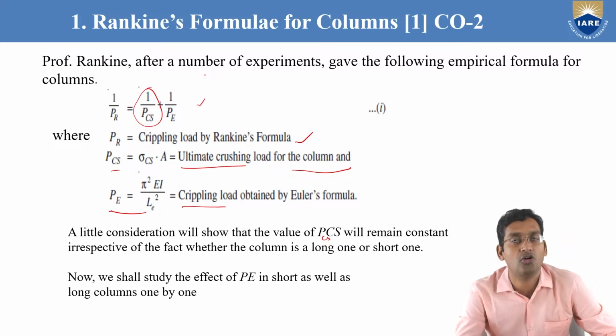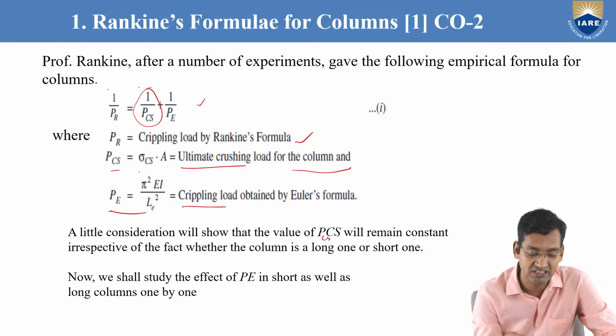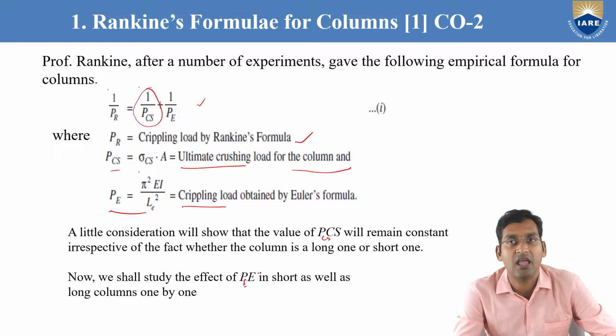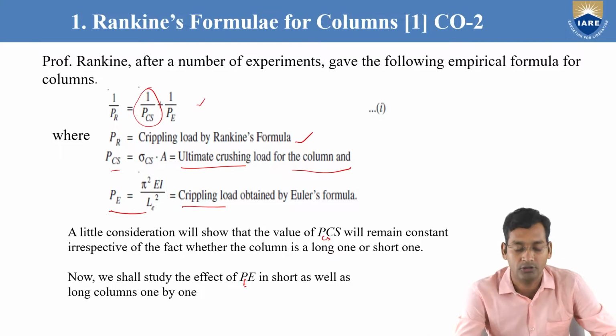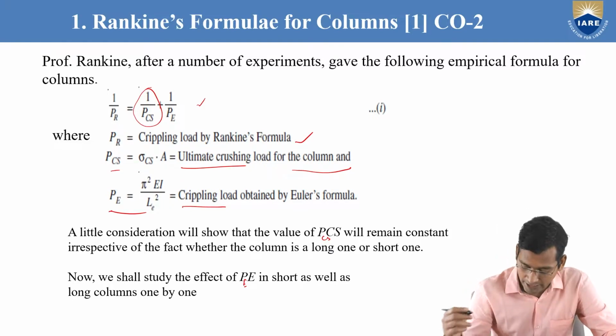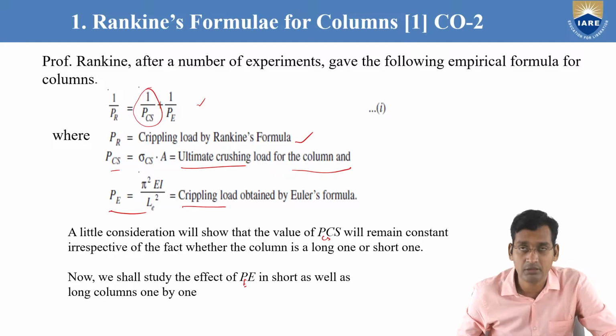Either it's a long column or short column, the P_CS value will remain the same. Now we shall study the effect of P_E in the short as well as long column one by one. Because Rankine's formula is valid for both, we will see what happens to P_E for long and short columns according to Rankine's.